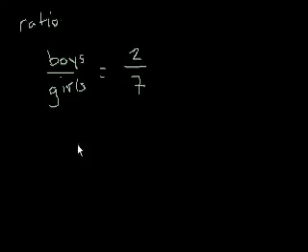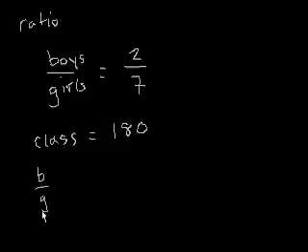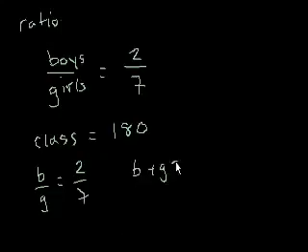And if I were to tell you that the class has 180 kids in it, can we figure out how many boys and girls there are in the class? Well, let's think about it. We know that the boys to girls is equal to 2 to 7. And we also know that the boys plus girls is equal to 180.